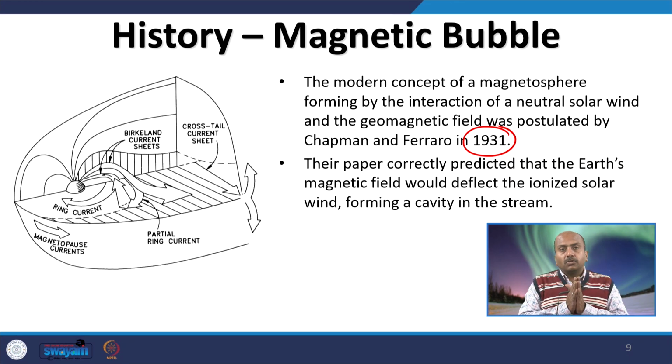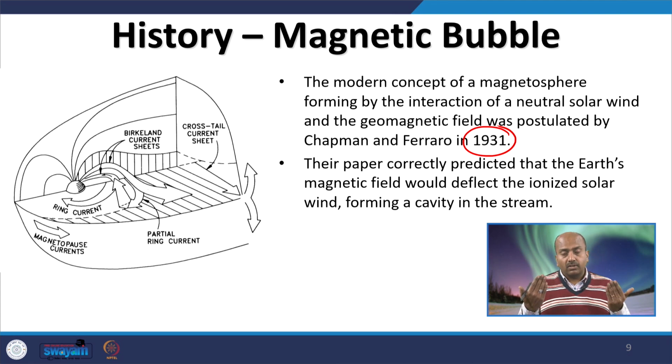There is a magnetic pressure, equal to B squared by 2 mu naught, exerted by the dipole magnetic field, and this pressure is balanced by the dynamic pressure of the solar wind, which is basically because of the density of the solar wind and the velocity with which the solar wind is moving.